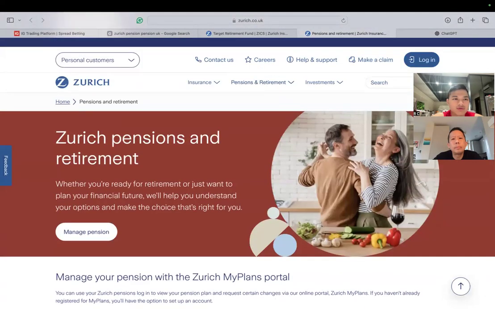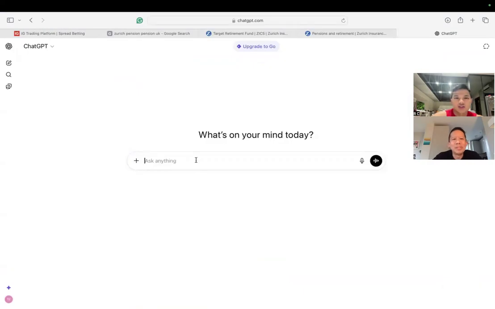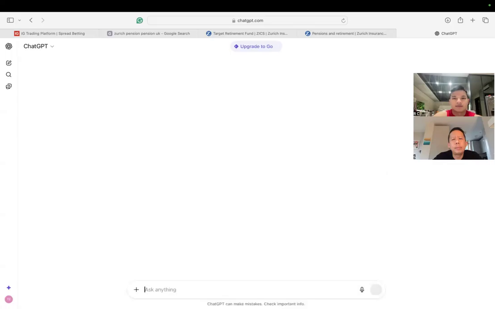Have you got any clue what their return is like, or not really? No, not really. Okay, so what's the return performance of the UK average pension, Zurich investment, for example?